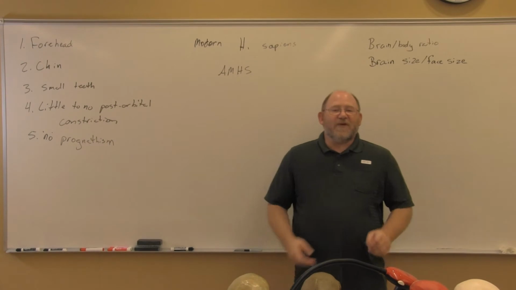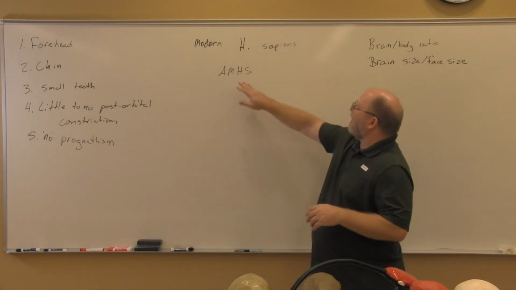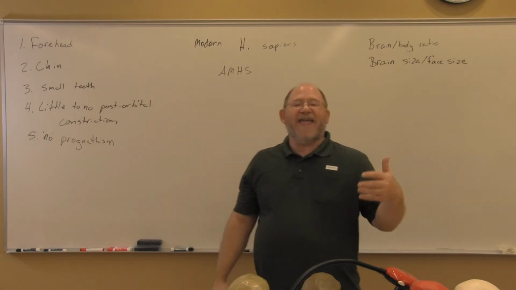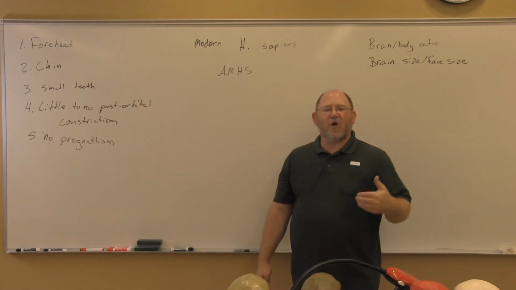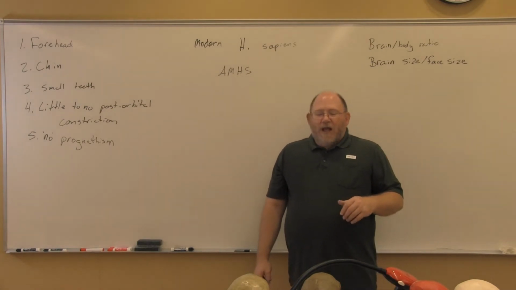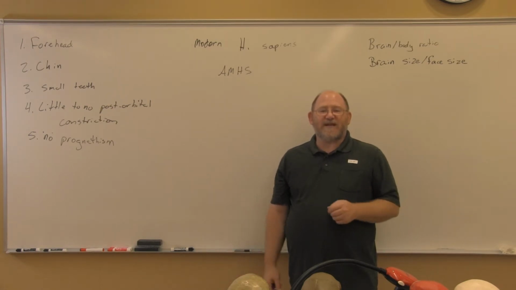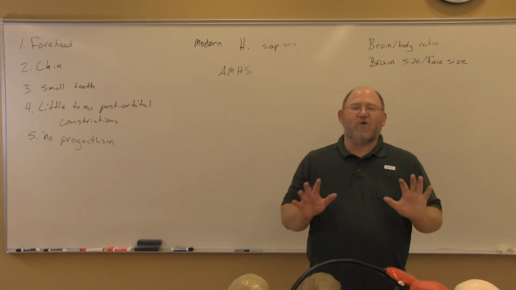All right, so for this discussion, we're going to talk about modern Homo sapiens. It's sometimes abbreviated as AMHS, anatomically modern Homo sapiens. And so these individuals arrive first in Africa about 200,000 or so years ago.